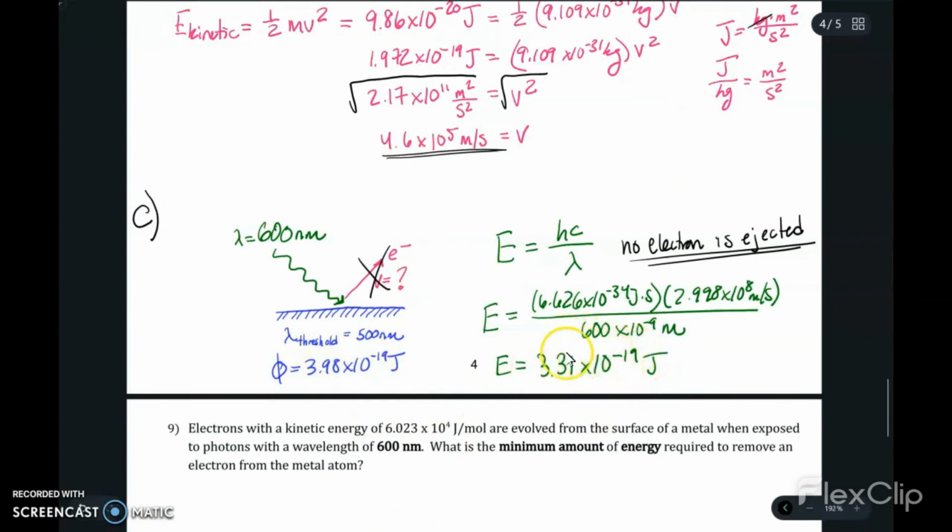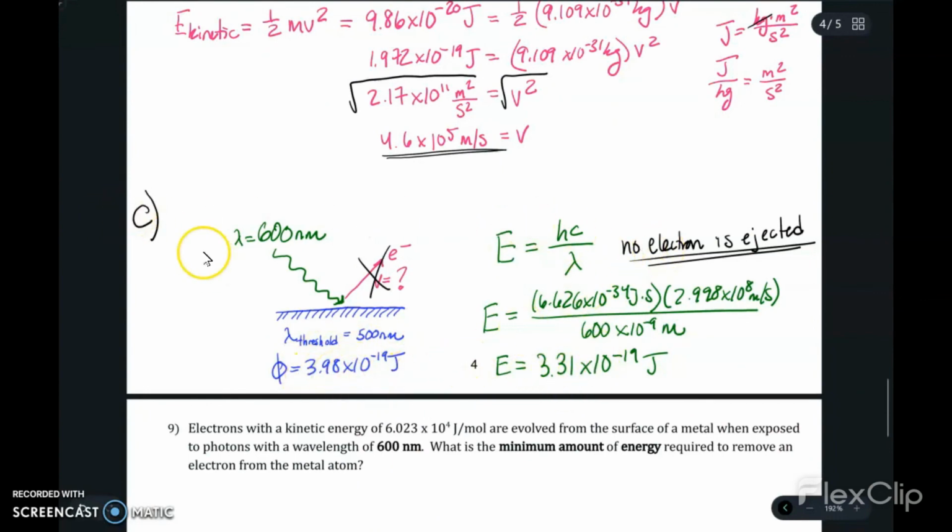If those photons don't have this much energy or more, then they can't eject an electron. So you can solve for the energy of these 600 nanometer photons and then compare that to the work function and realize it's not going to work. This is not enough energy to eject an electron.